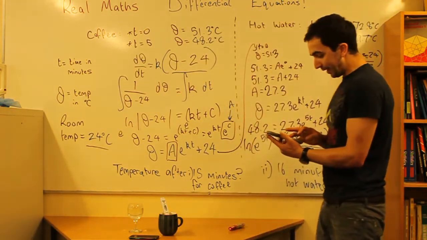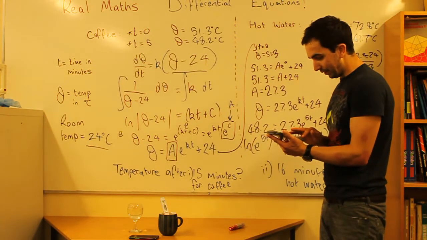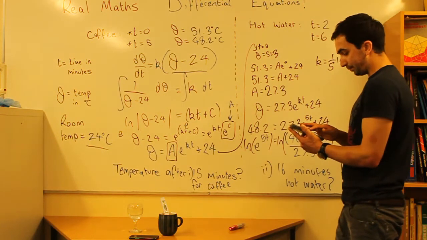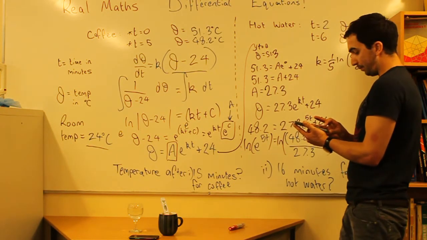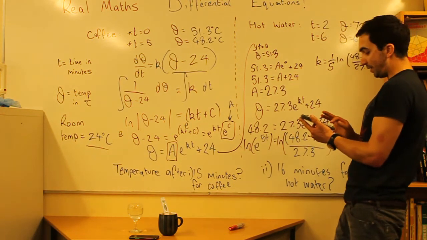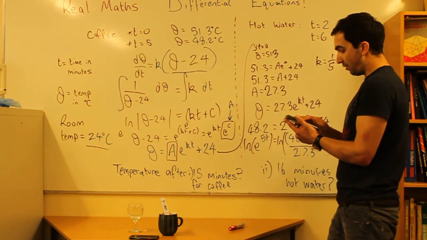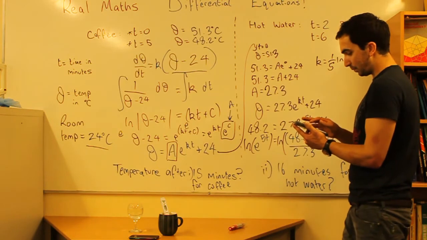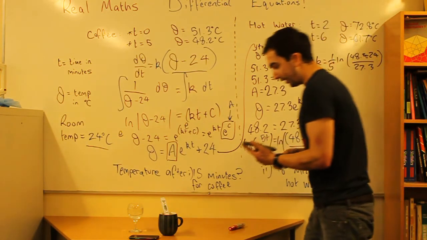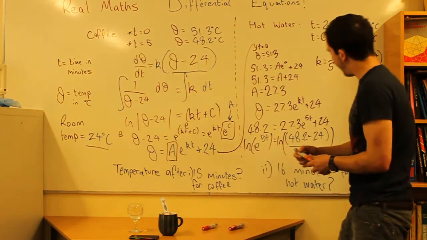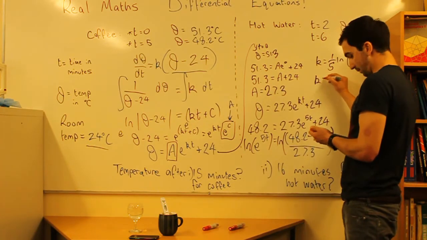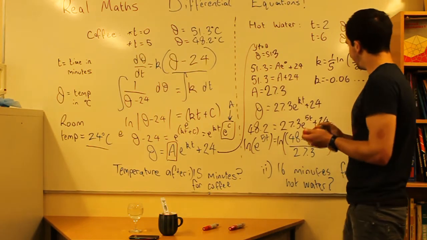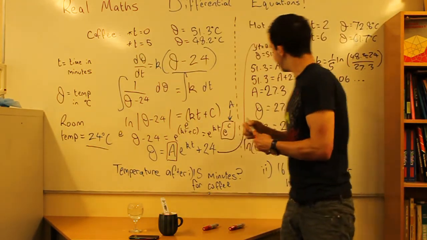So on our calculator, 0.5 times by ln of 48.2 take away 24 over 27.3, and we get minus, told you it'd be a minus, 0.06, etc. That's to 3 decimal places.